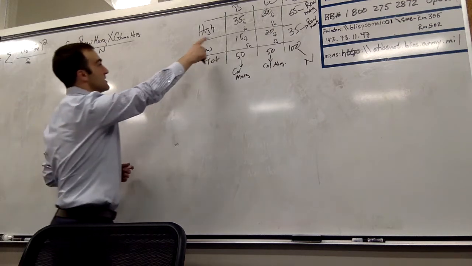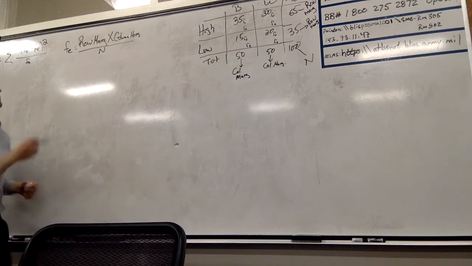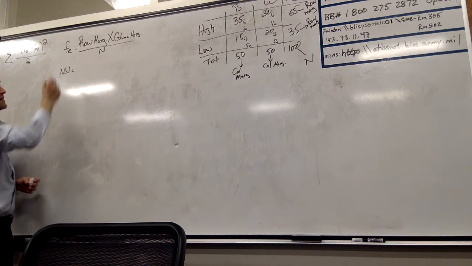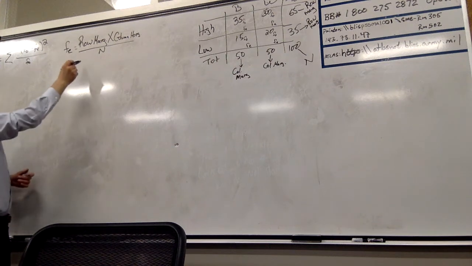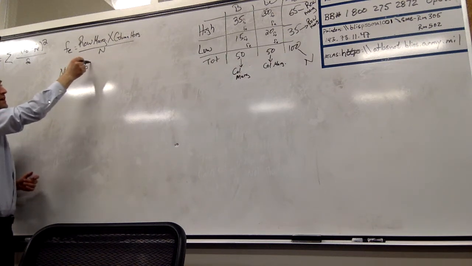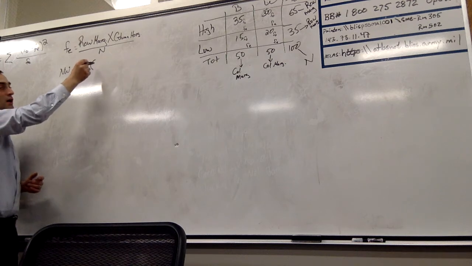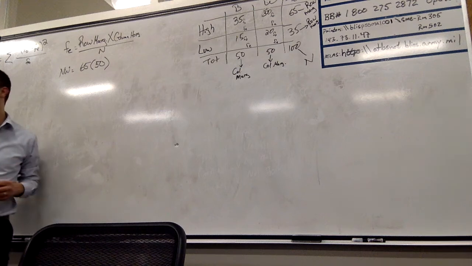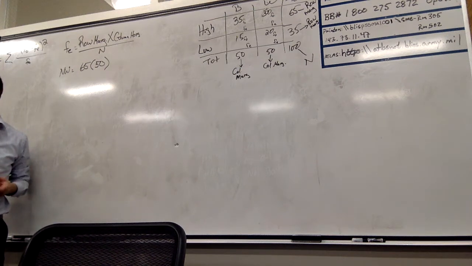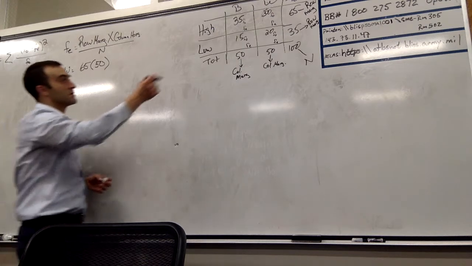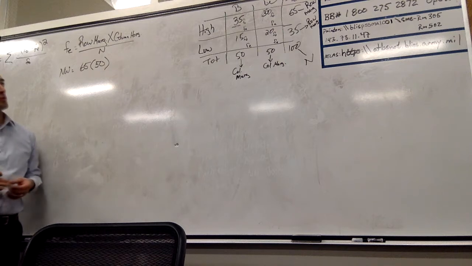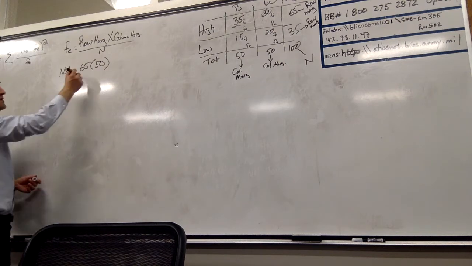Okay, for that cell, you take its row marginal. So we'll go northwest cell. You take the row marginal, which is 65, times its column marginal for that cell, which is 50. Let's see where we got those two numbers. We're dealing with this cell, the northwest cell. Its row marginal is 65, column marginal 50.